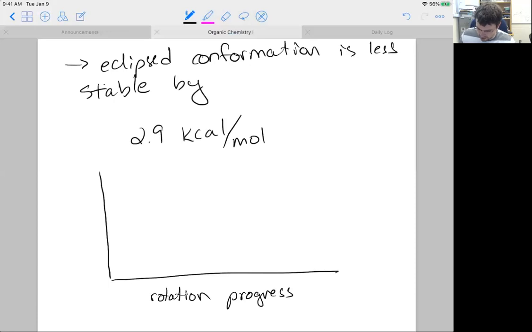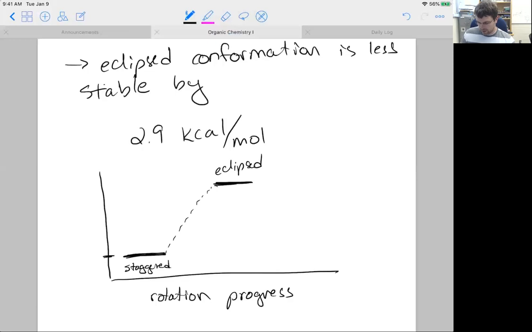And I'm saying that if we start with a staggered conformation and we rotate, we're going to go up in energy to an eclipsed conformation.